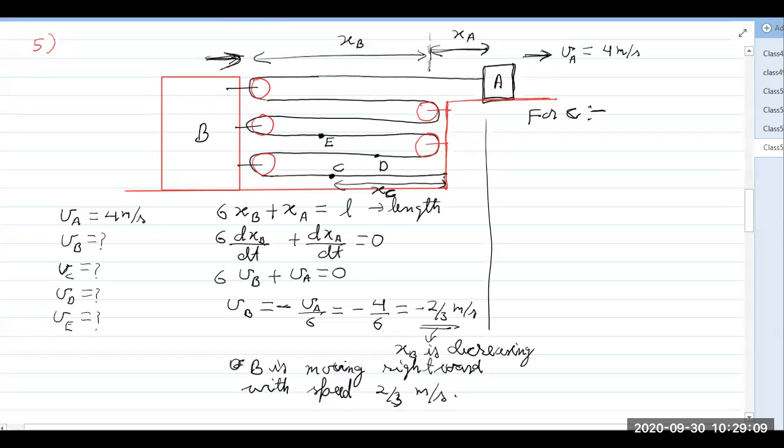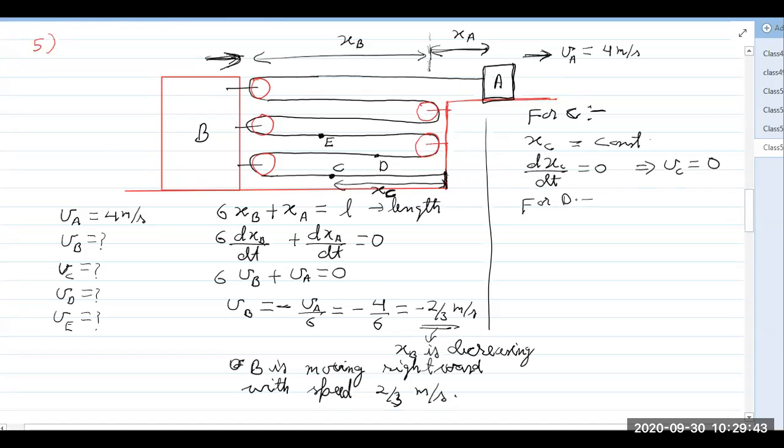From this fixed point, this distance XC is going to be constant, because this point is fixed and the length of string from here to here is constant. It is not changing, so dXC by dt is going to be 0. So the velocity of point C is going to be 0. It is very easy to find the velocity for C.